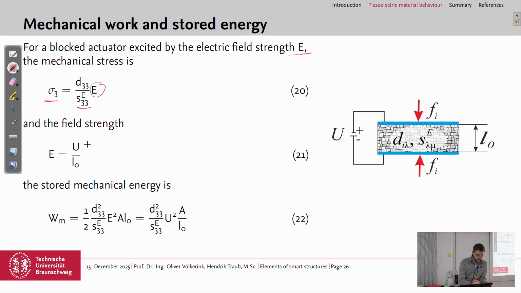We can replace the field by this equation we already know, and then we can come up with the stored mechanical energy due to the electric field. So on the slide before, we had the stored energy due to an external force, and now we have the stored energy due to the electric field, which can be then expressed like this: D33 squared divided by the compliance times U squared and A divided by L0.